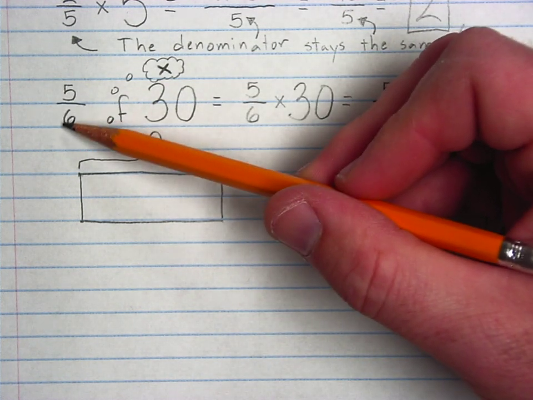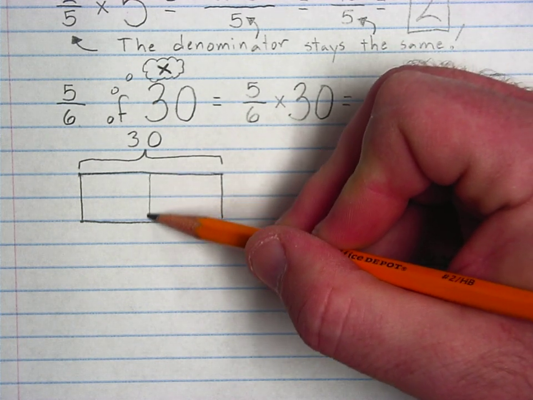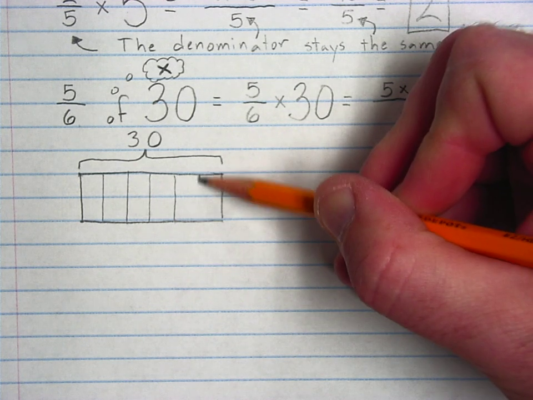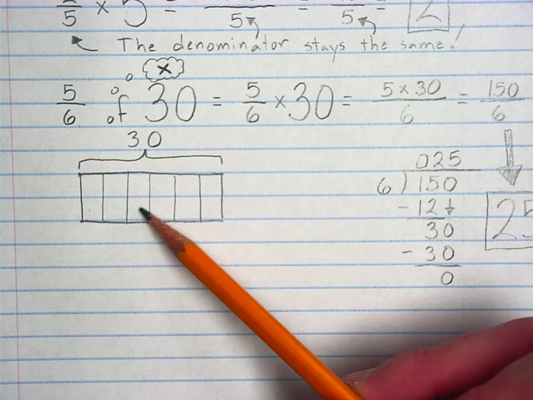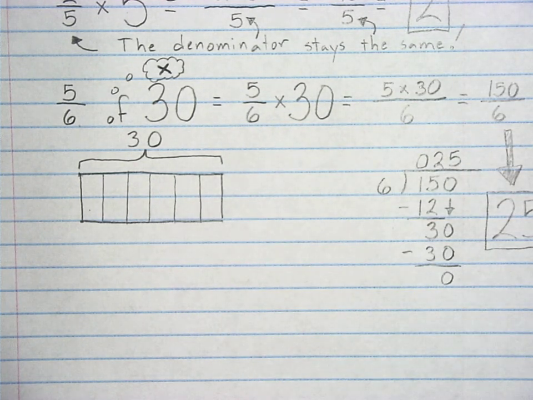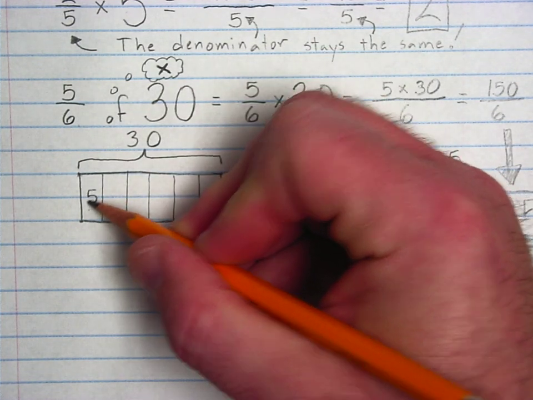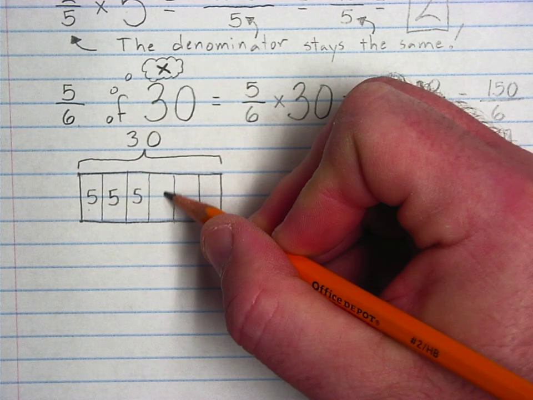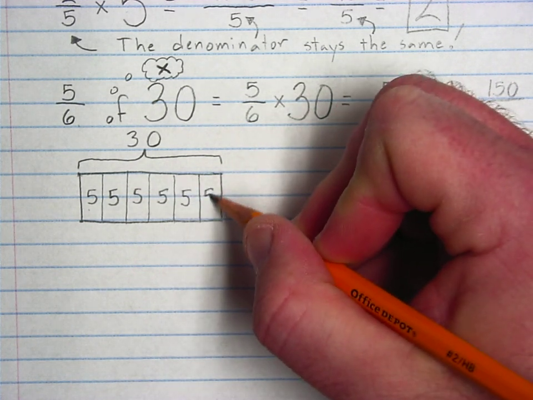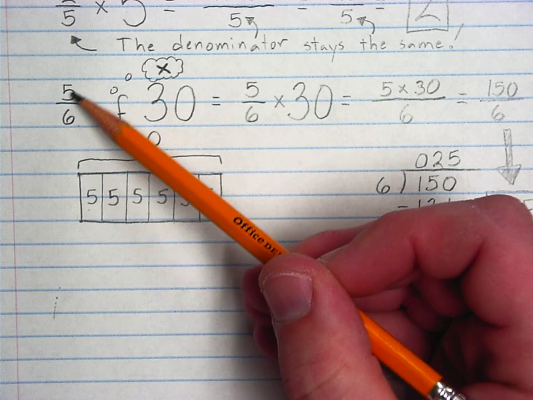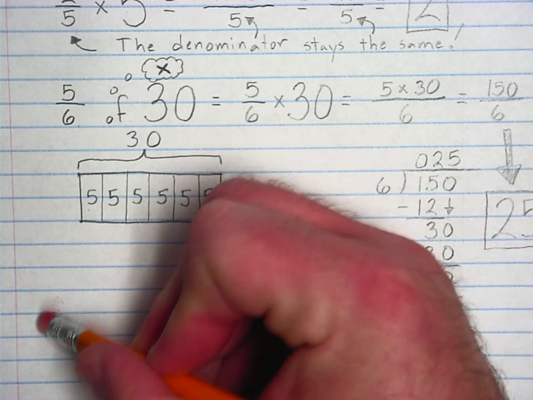Sixths. The denominator tells me how many pieces I'm going to break this into. Let's make sure I did that correctly. 1, 2, 3, 4, 5, 6. Okay. Now, hopefully, most of us are already thinking, well, 30 divided by 6. That's going to be 5, 5, 5, 5, 5, 5. Each of these pieces will be 5. I want 5 of them. Can't have stray marks on the notes.